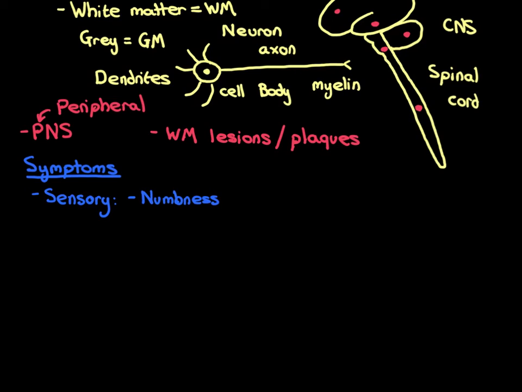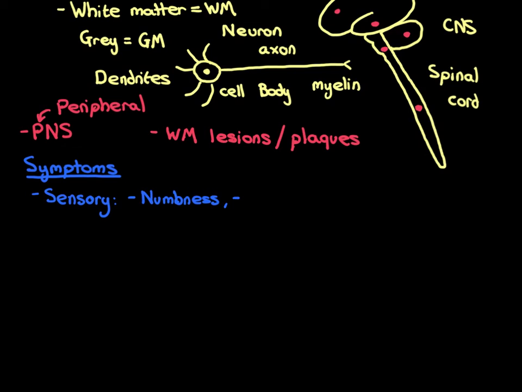So, numbness is one of the sensory symptoms that people can get with multiple sclerosis. Another sensory symptom. So, numbness is obviously because the lesion has caused lack of function now. The portion of white matter that has been involved in the lesion is no longer actually going to deliver electrical signals up anymore, so the information is not going to get up to the brain.